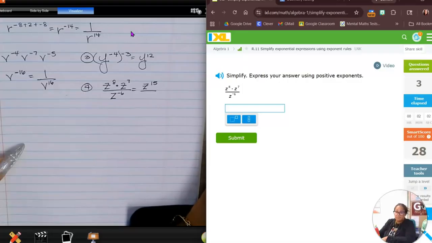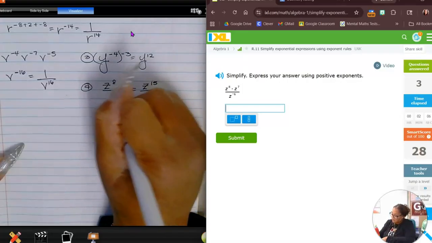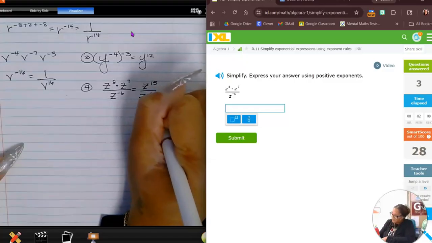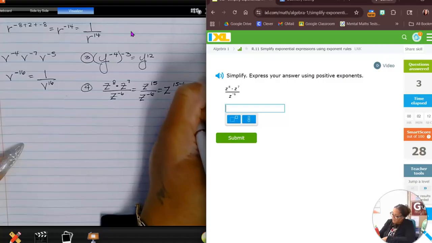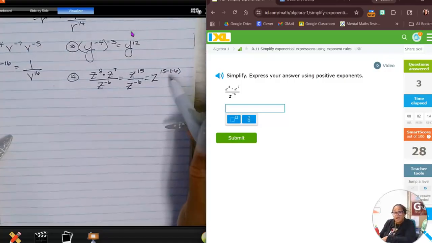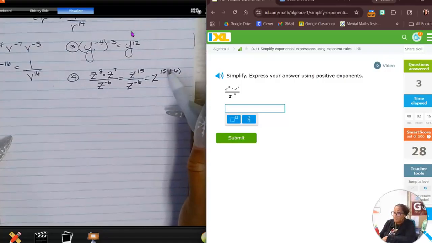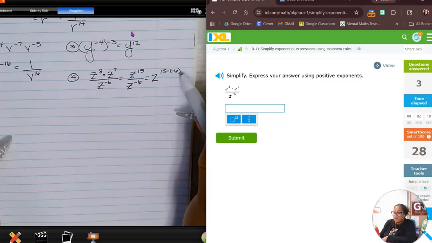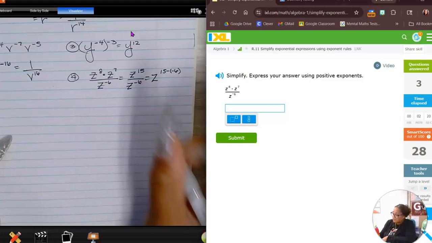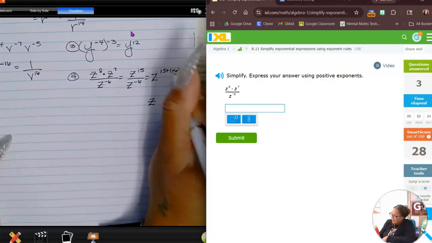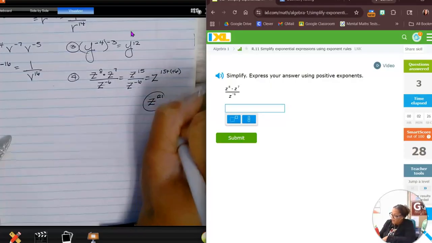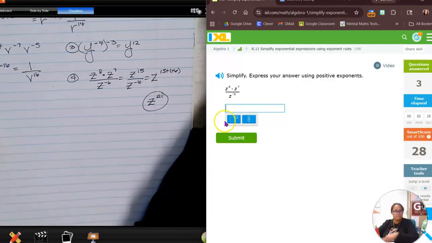If you do not show this step, you are not showing all of your work. You will not get full credit. And then Z to the -6, this becomes Z to the 15 minus -6. If you are not showing this step, you are not showing all of your work. You will not get full credit. These get added to the 21st power. Z to the 21.